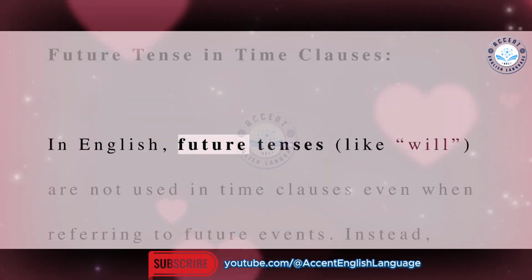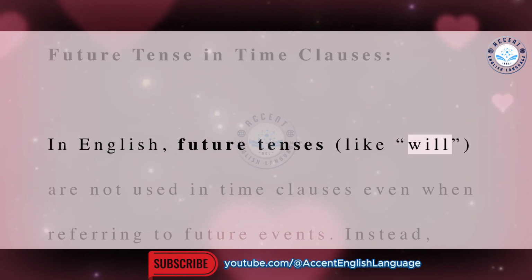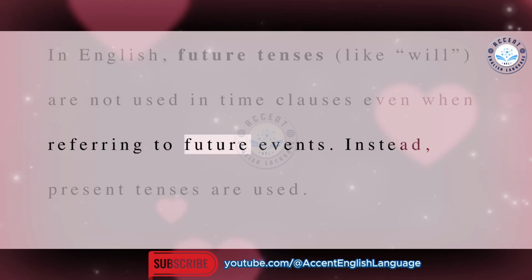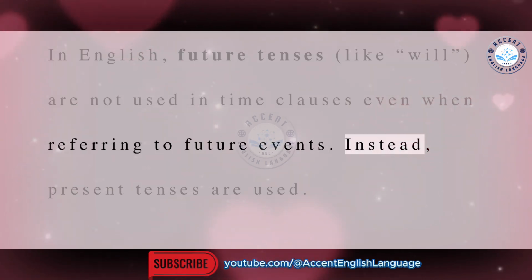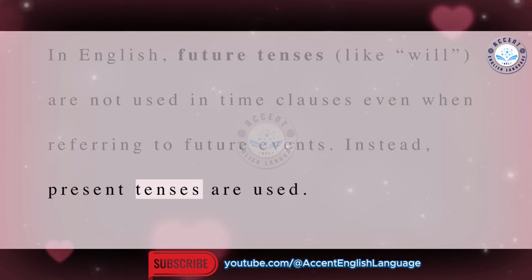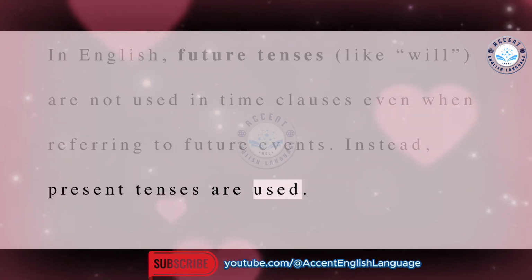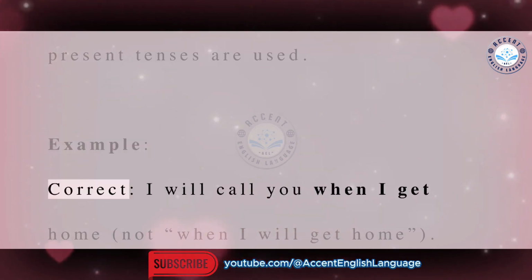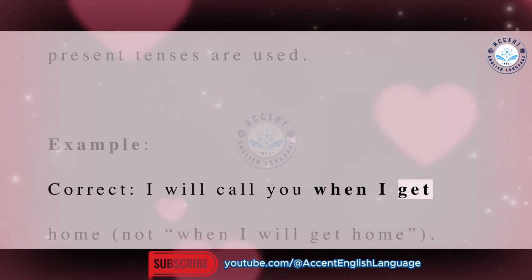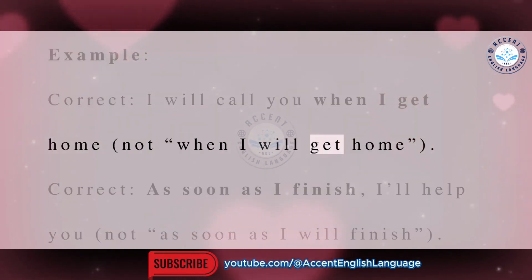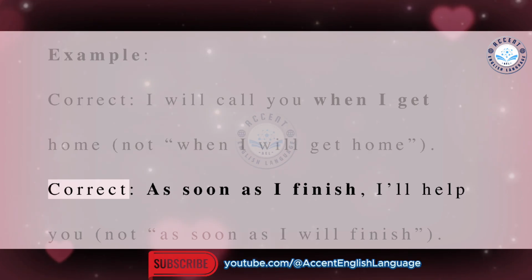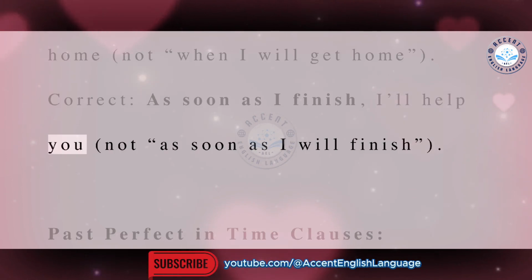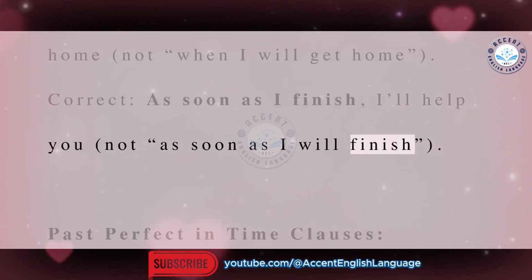In English, future tenses, like will, are not used in time clauses even when referring to future events. Instead, present tenses are used. Example: Correct: I will call you when I get home, not when I will get home. Correct: As soon as I finish, I'll help you, not as soon as I will finish.